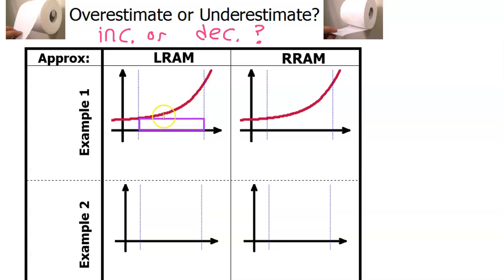You can easily see that this is going to be an underestimate because we're leaving out this space that is under the curve. So for the notes here, we can say that LRAM gives you an underestimate when the curve is increasing.